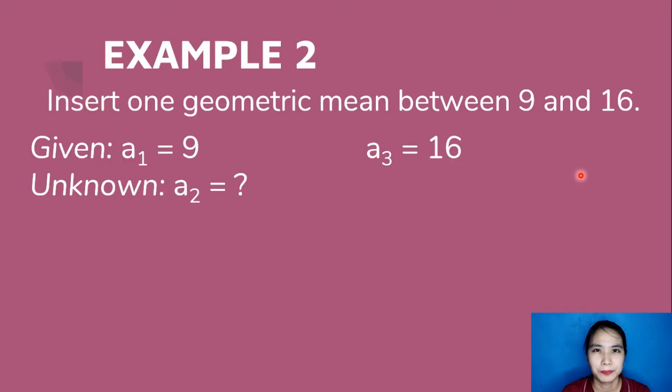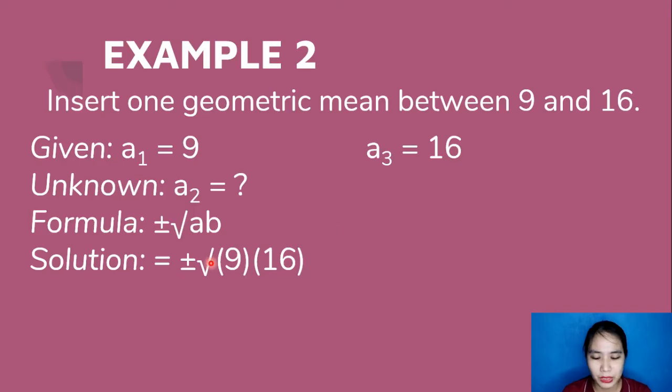and 16. So since there is only one geometric mean to be inserted, we can now use the formula of the positive negative square root of a times b. Our a will be the first term, and our b will be the third term, or the last term. So let us now solve.